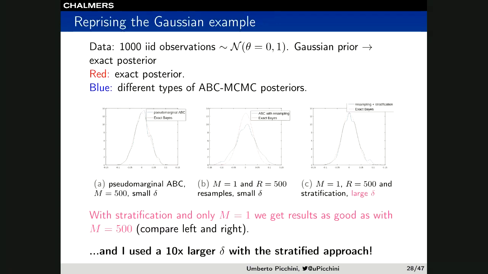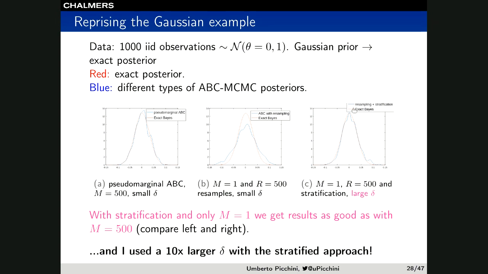So what happens if we use this approach on the previous toy model? This was, again, pseudo-marginal MCMC using 500 simulated data sets and a very small delta. This was the case where we simulate only once from the model and 500 resampled data sets at the same small delta. And this is when we use one simulated data set, resample 500 times, and we introduce some stratification.